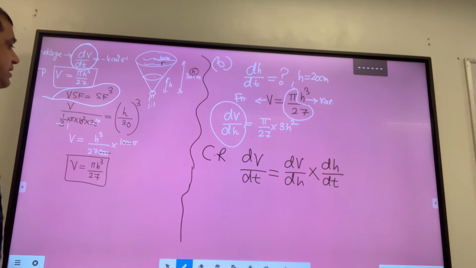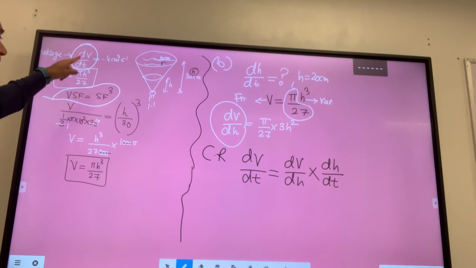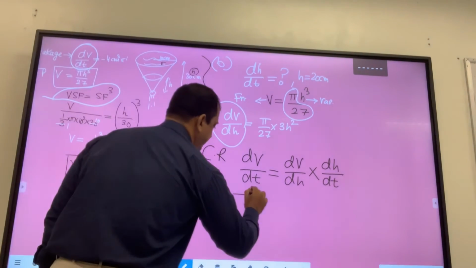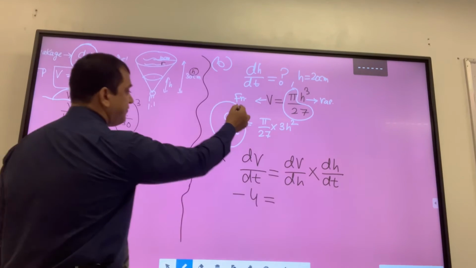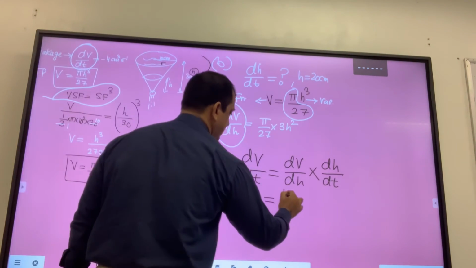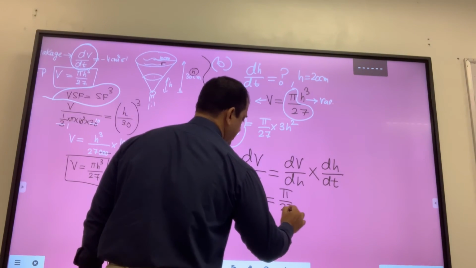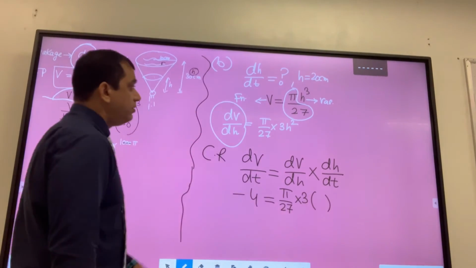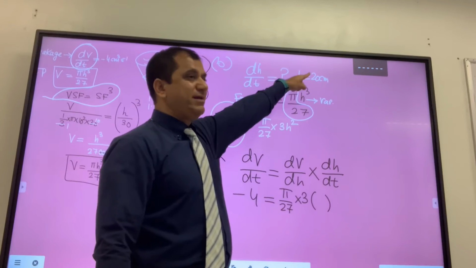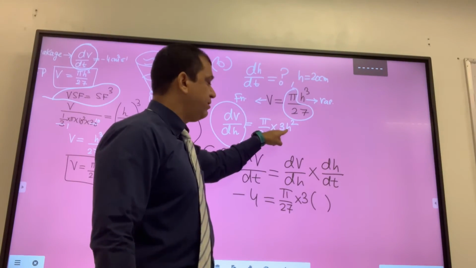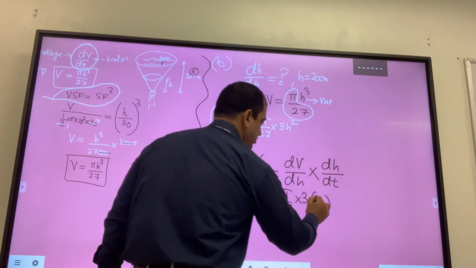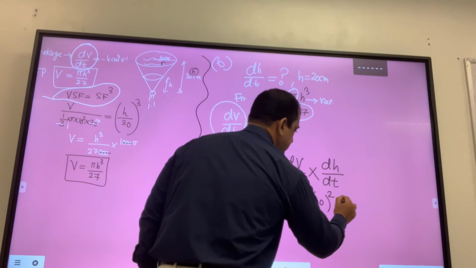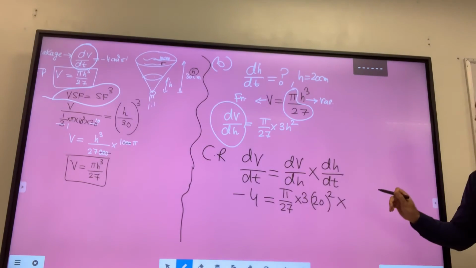So now we are given all these things. dv dt is -4. I plug in here -4. dv dh we have found out: pi by 27 into 3. We are given h as 20 centimeter, right? We are going to plug in here h equal to 20, so 20 square times dh dt.